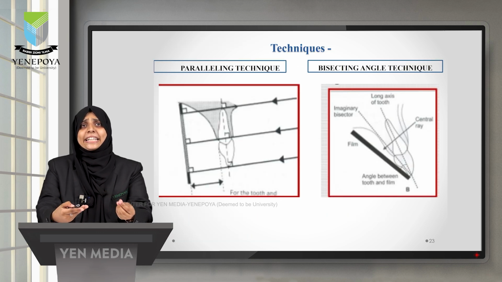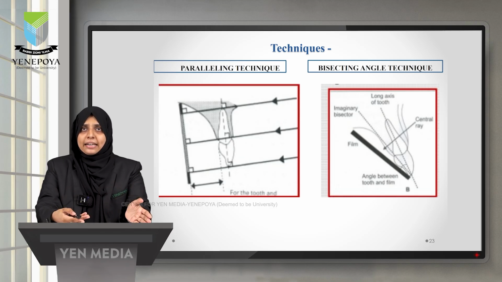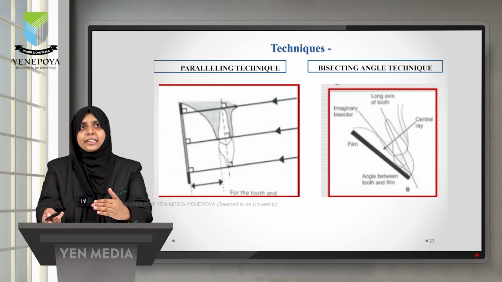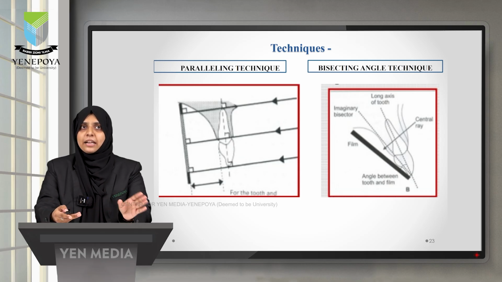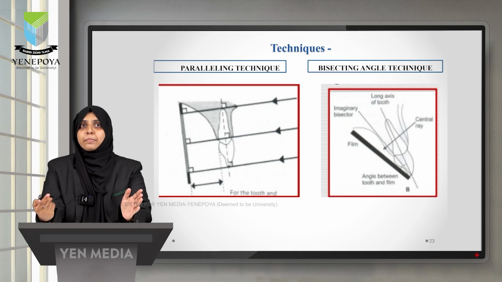Now coming to the techniques, there are different techniques used to determine the working length using radiography, that is either the paralleling technique or the bisecting angle technique. In the paralleling technique, the receptor is placed parallel to the long axis of the tooth, and the central ray is passed perpendicular to both the long axis of the tooth and the receptor.